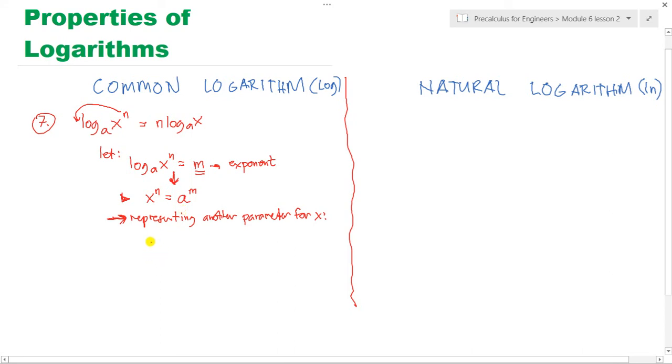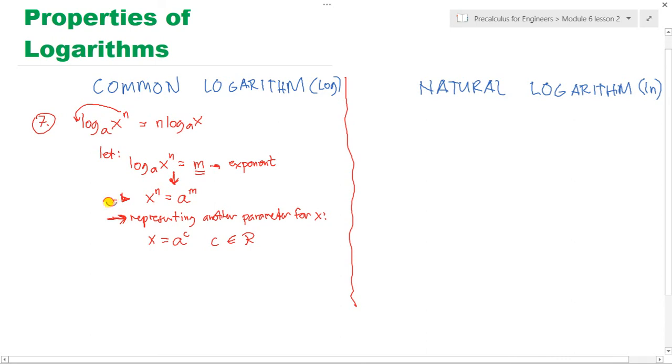So here we can say that x is equals to the same gihapon nga base a but different na siya nga exponent. Let's say I will let here a raised to c, exponent c, wherein c is an element of a real number. So real number gihapon na siya.